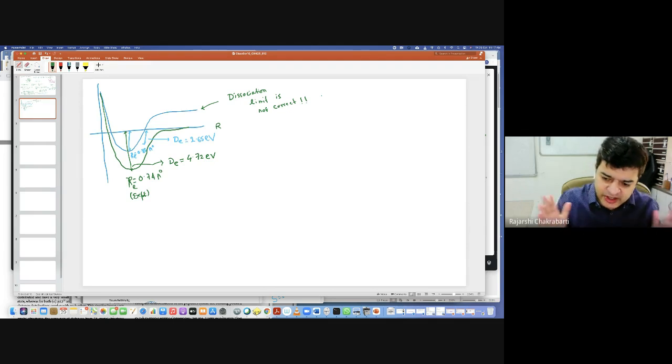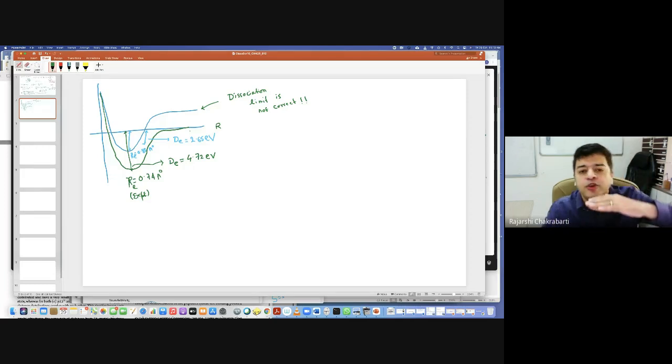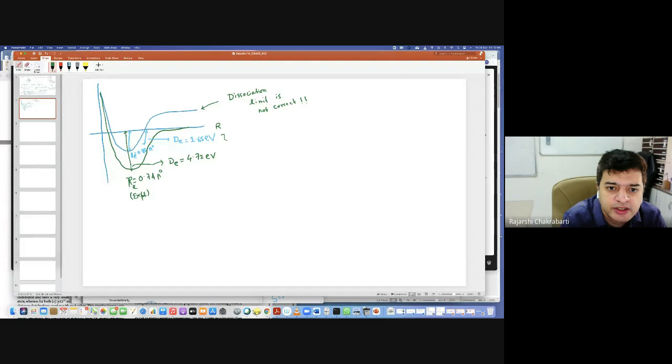So at a large internuclear separation, your energy should become zero. Is this clear? So it should be something like this shown here, as you get from experiment. But if you do a molecular orbital calculation, you don't get the dissociation limit correct, because it gives you energy which is higher than zero. That's a problem. And also the dissociation energy differs by 55%. Huge difference. So it is not a good description.